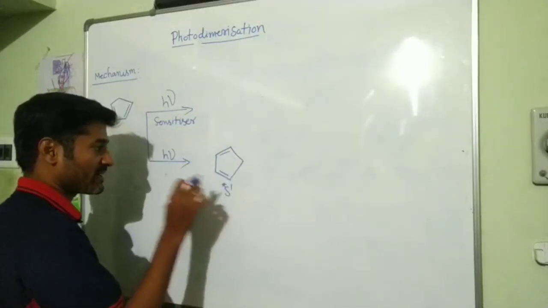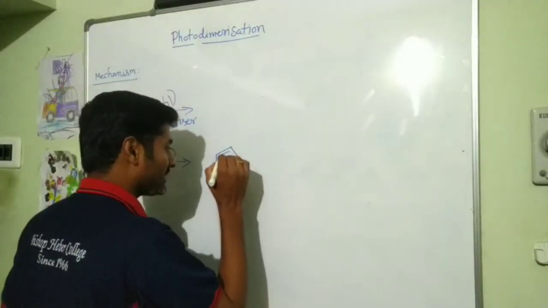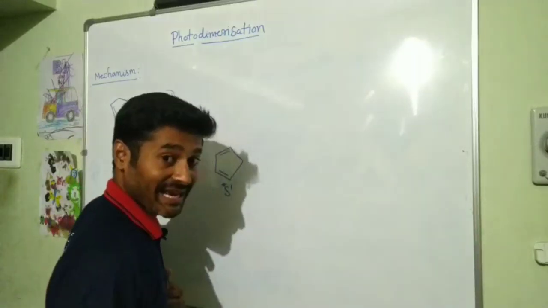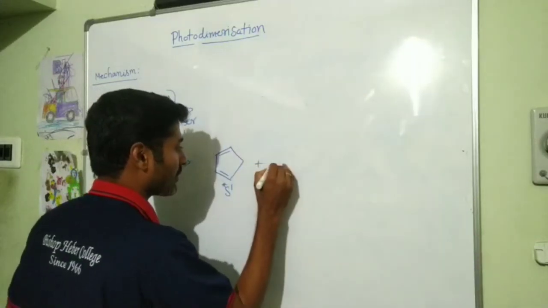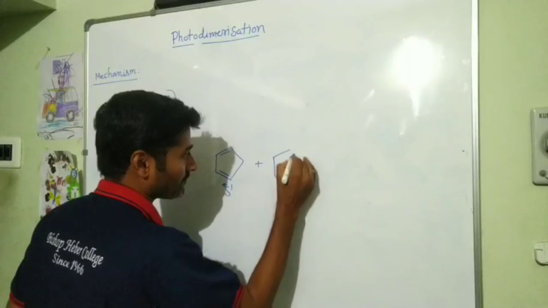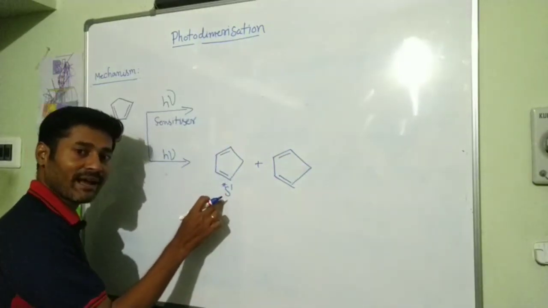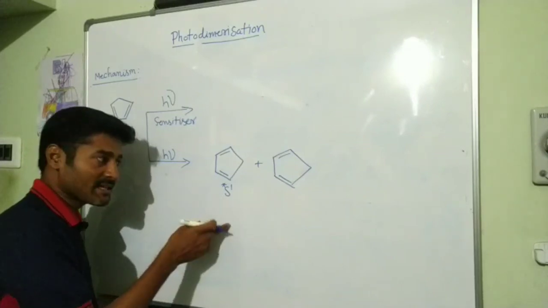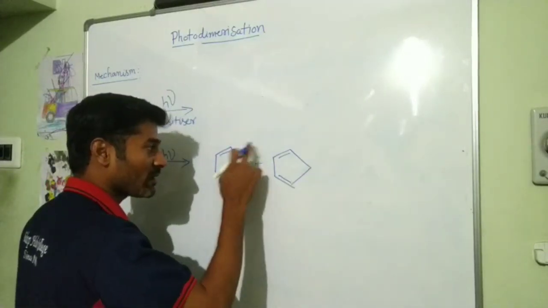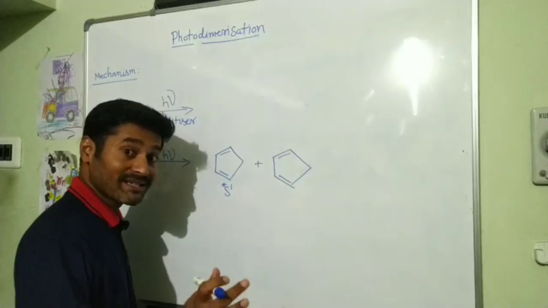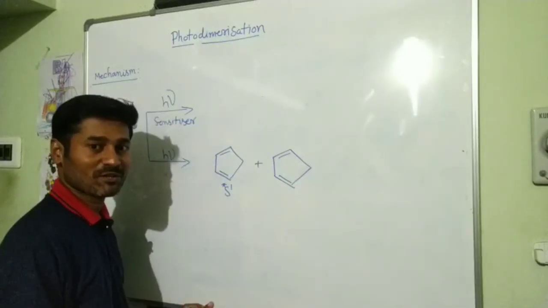One molecule will be in the singlet excited state, and this molecule will not interact with the second molecule, since we already know the energy is very high and the lifetime is very short. Therefore intermolecular reaction is not possible, but intramolecular reaction is possible.